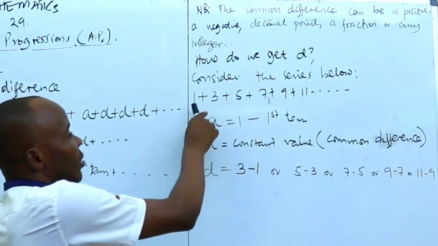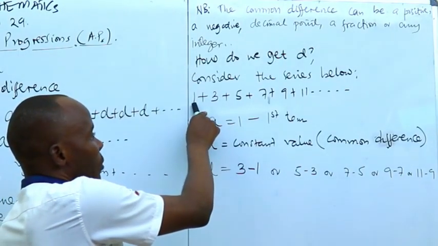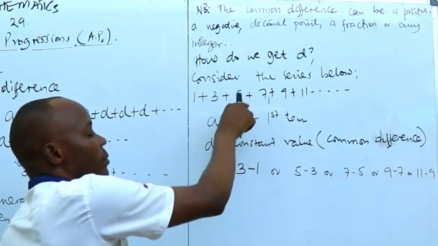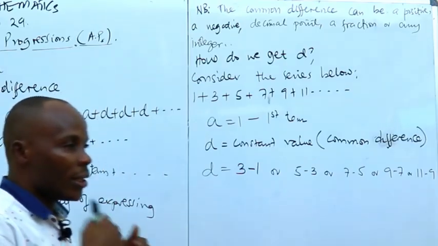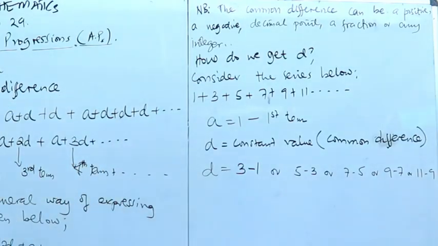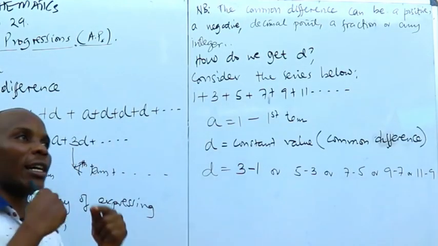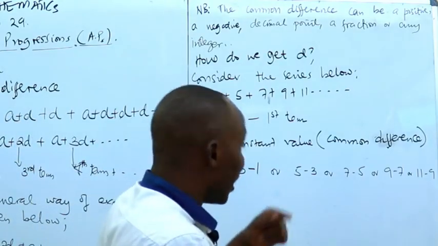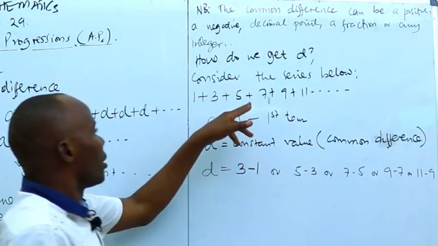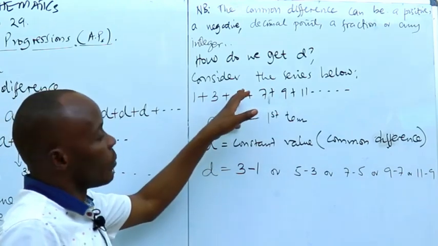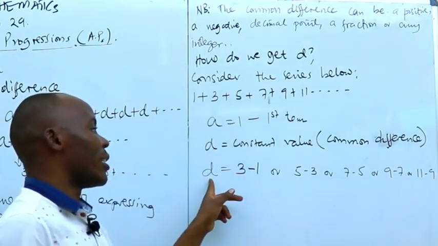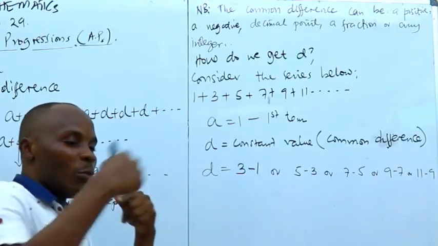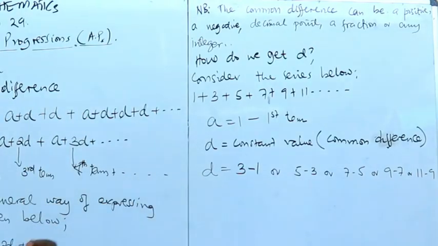Don't get the first term and the third one. No. It is terms that are flowing or that are near each other. Don't pick 9 minus 5 because you're interested in getting D. It is the subsequent term, or the next term, minus the previous one.